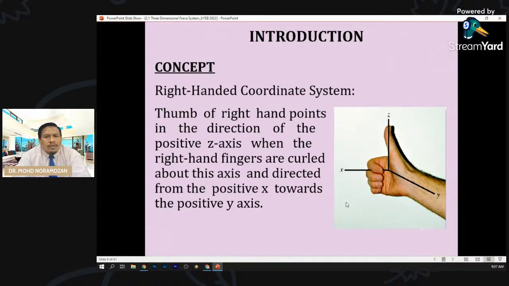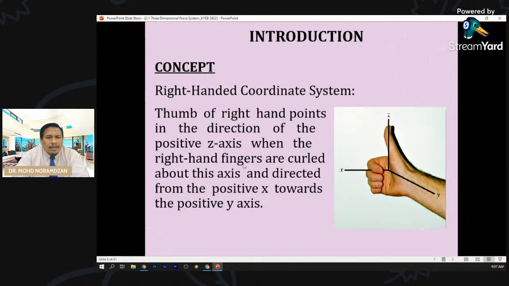This is the concept of a right-hand coordinate system. That means the thumb of the right hand points in the direction of the z-axis. Here is the z-axis, which will point outward.